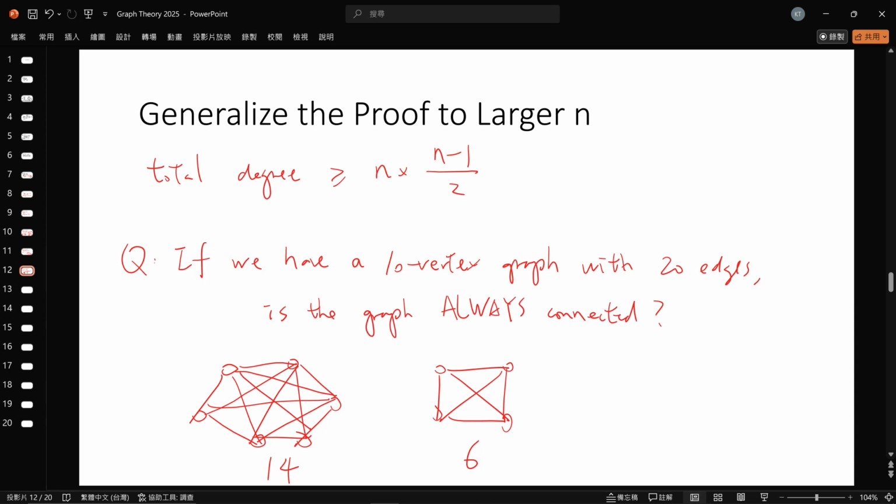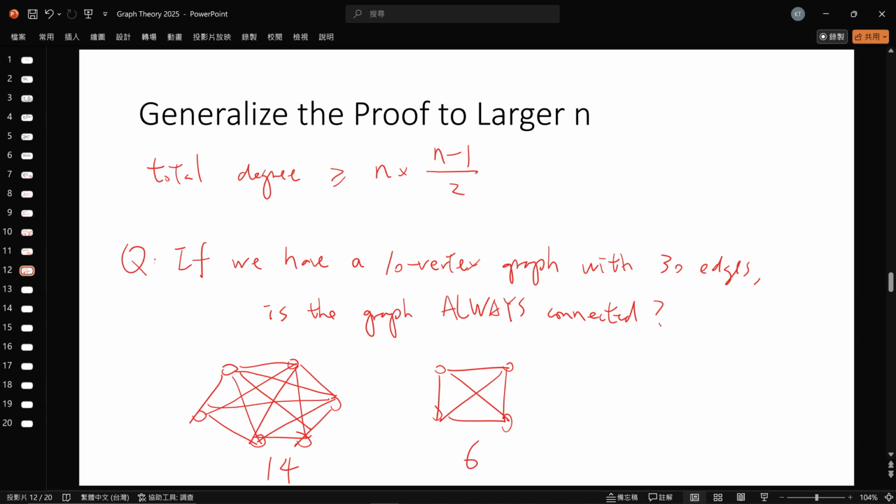So now how about 30? If you can put 10 more edges into the graph, it seems like... no, just consider the most extreme cases, for example, 9 and 1.